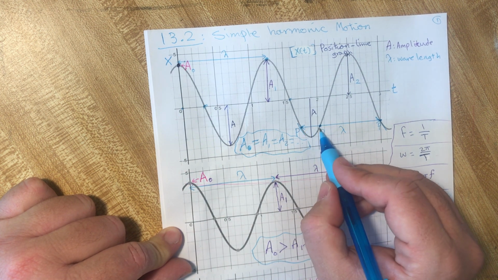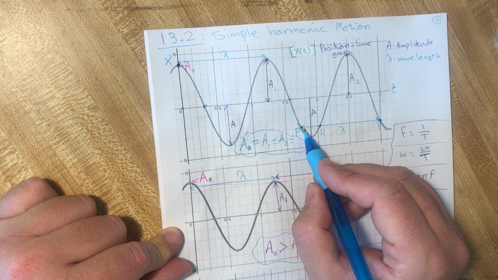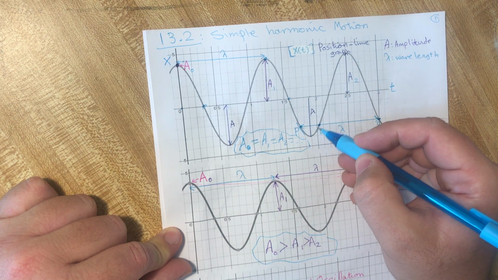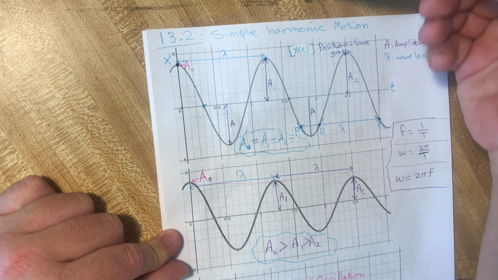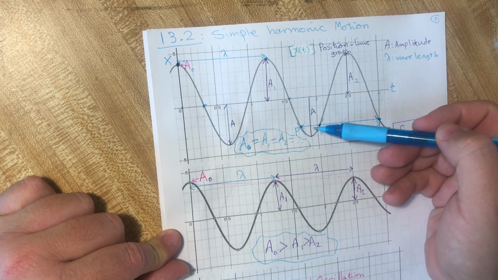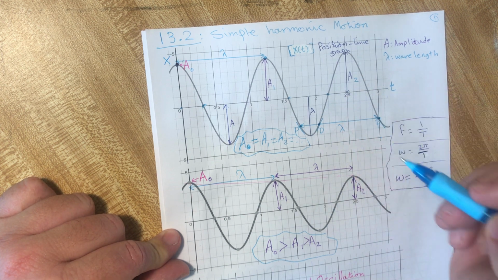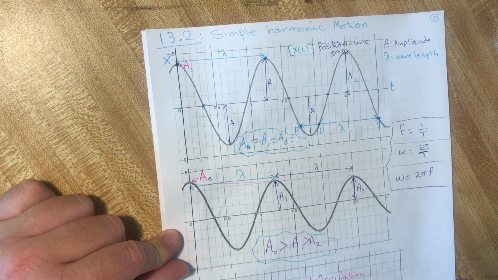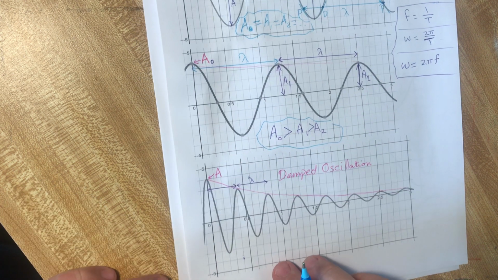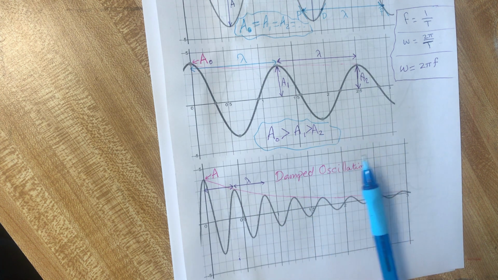But it is not the same point, because at this point the slope is negative, but here the slope is positive. Here means that the body is going away, but at this point the body is coming back to the 0 position.